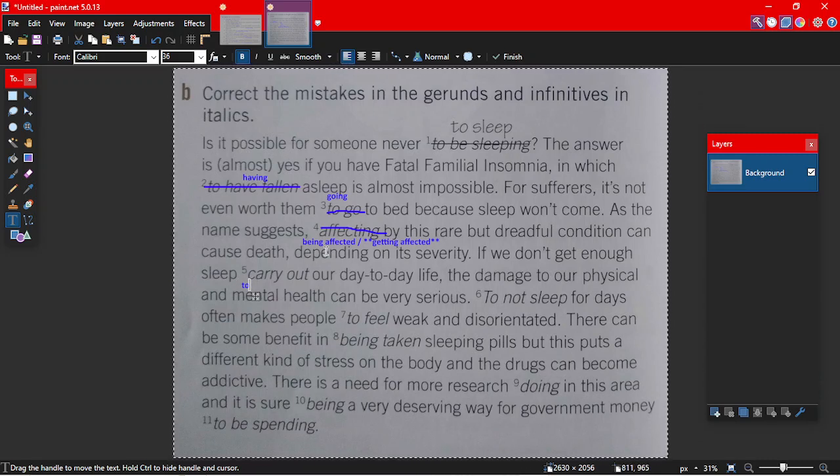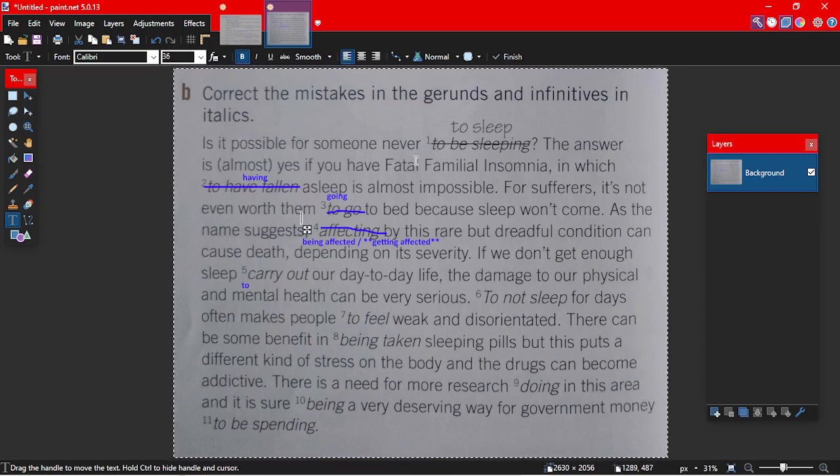Let me suggest. I think what we need to write here is ser afectado, something like that. As an infinitive, to be affected.